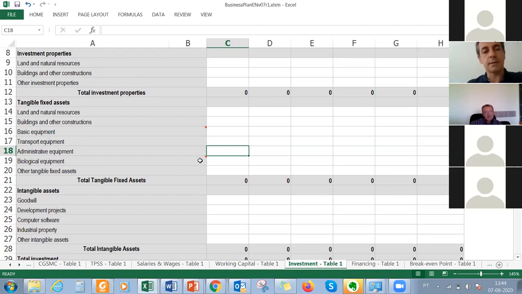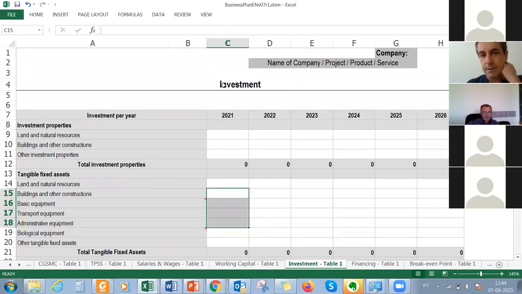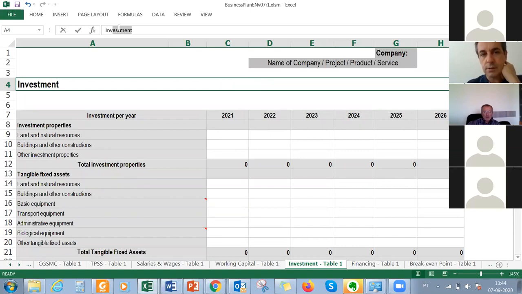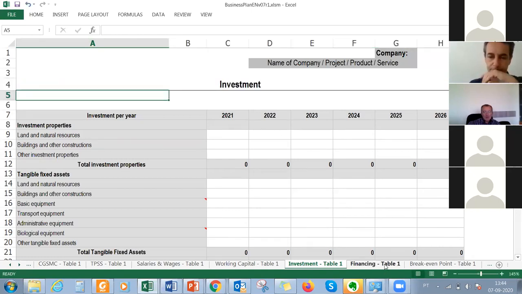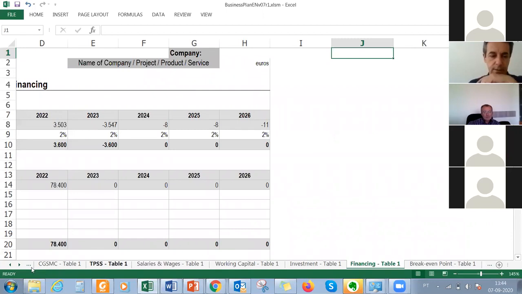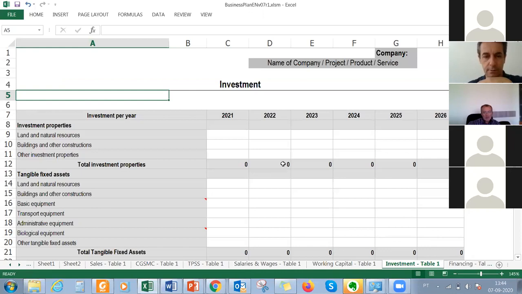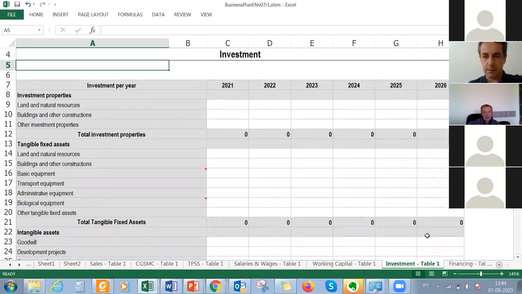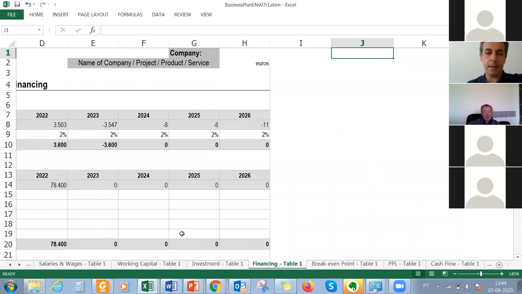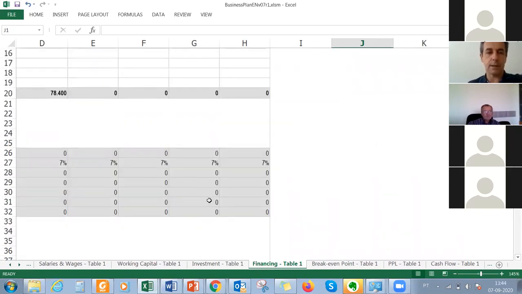This depends on each situation, but investment should usually be important. And after this, they start with calculations.